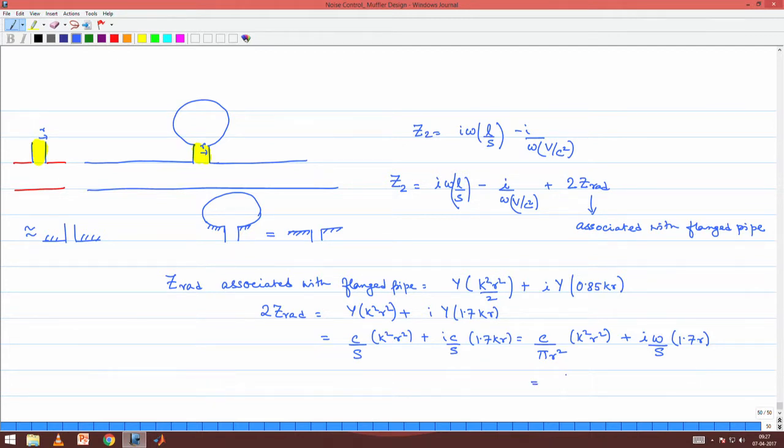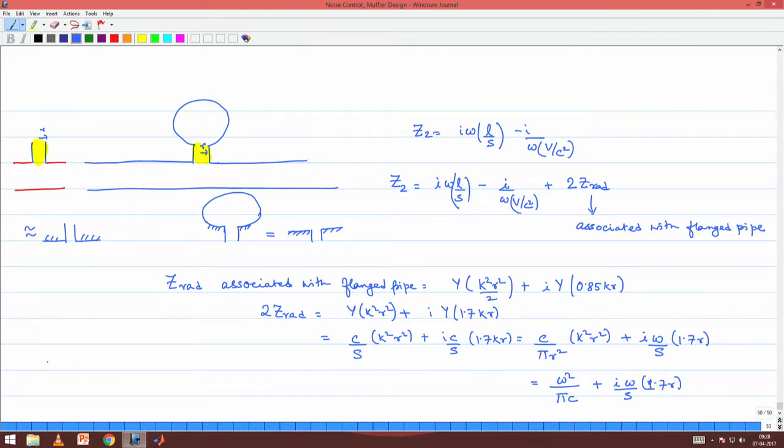And then finally, we can have this condition to be omega square by pi C plus I omega by S 1.7 r.